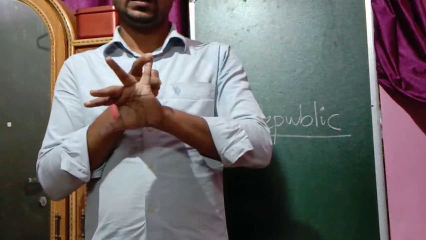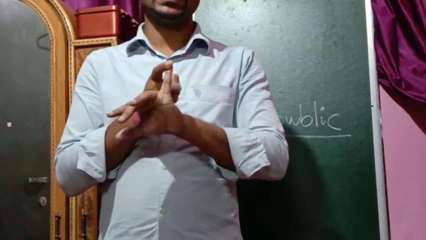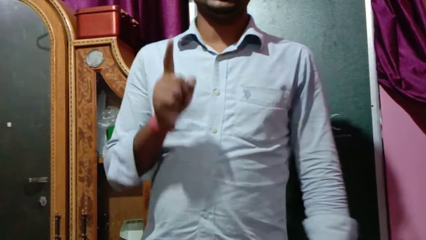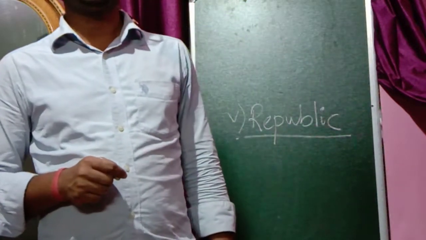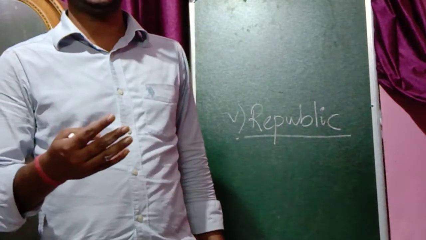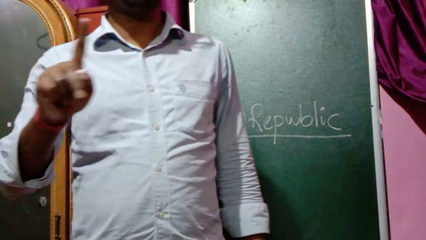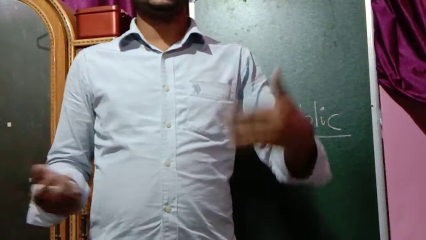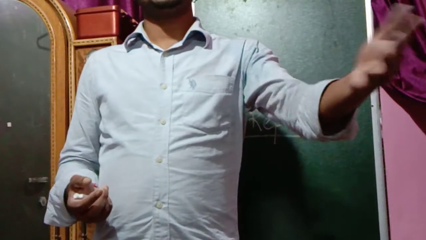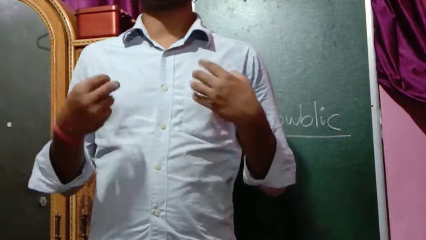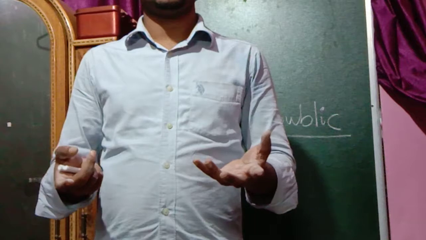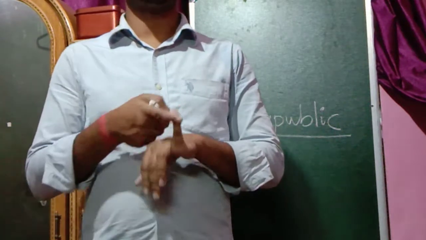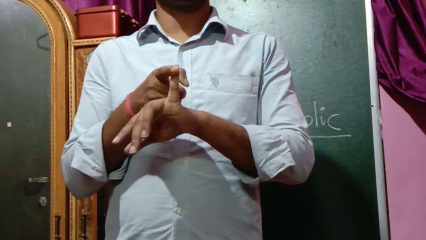And lastly, India is a republic country, which has its own head of the state, but it is not permanent like monarchs or autocrats, who get their position transferred from one to another by birth. In a republic, a person is elected as the head of the state.